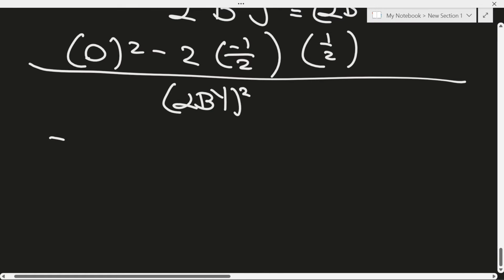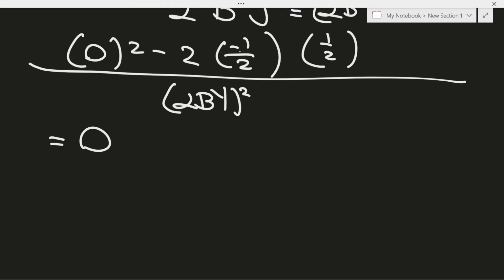So the numerator now is equal to 0, because 0 times 0 is 0. And minus 2 times minus 1 is equal to 2 over 2, which is equal to 1. And that will be multiplied by a half. Wait, hold on, I'm sorry.